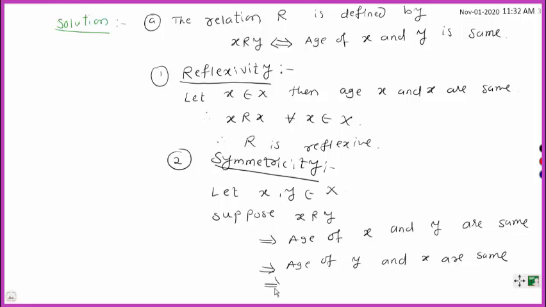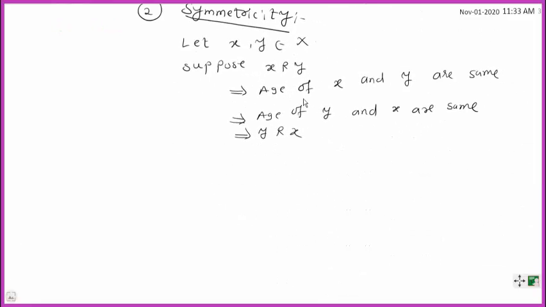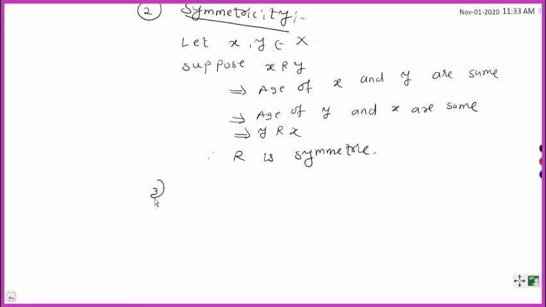By the definition, x is R related to y if and only if age of x and y are same. Here age of y and x are same, thus this implies that y is R related to x. Thus this relation R is symmetric. Similarly, this R is transitive also.